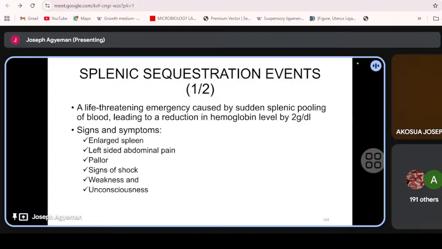Now, how does it work? In SCD, hydroxyurea diverts the production of hemoglobin to the fetal type. Remember, one of your colleagues, Scott, just mentioned that between HbF and HbS, HbF is better, though it is the hemoglobin that is found in children.